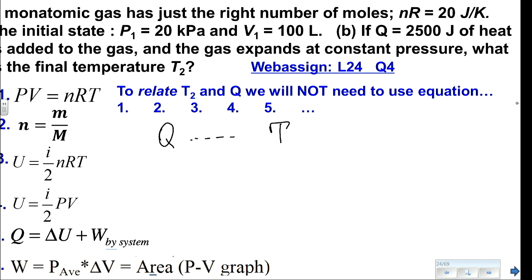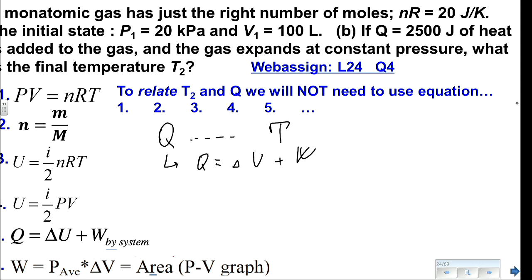On this list, do you see any equation which directly relates heat and temperature? No. How many equations do you see for heat? 1. That means that's our natural starting point. The first law of thermodynamics.